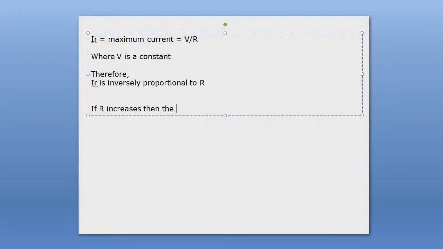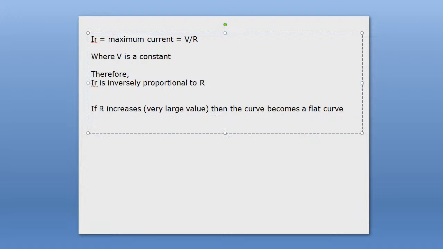Then the curve becomes a flat curve if R increases. That means here you write within the bracket, very high or very large value. For a very large value the curve becomes a flat curve.